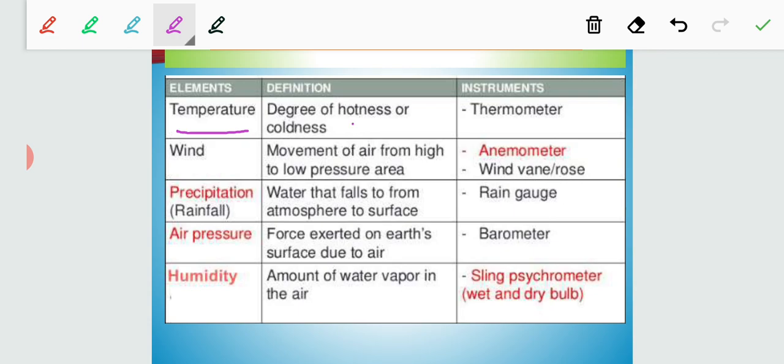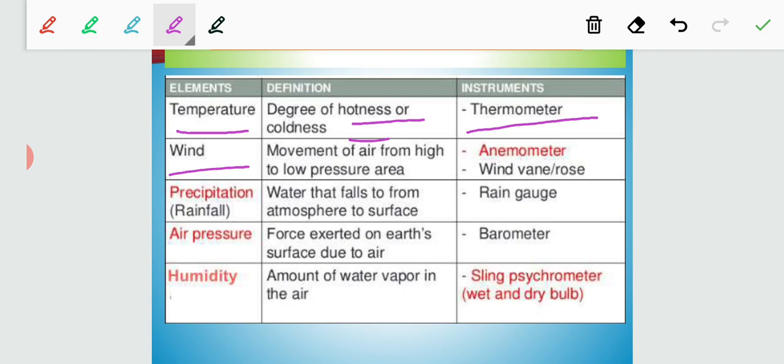It is a degree of hotness and coldness, and the instrument that is used to measure the temperature is the thermometer. Second, wind. The moving air from high to low pressure is termed as wind, and the anemometer and wind vane are used to measure the direction and the velocity of the wind.